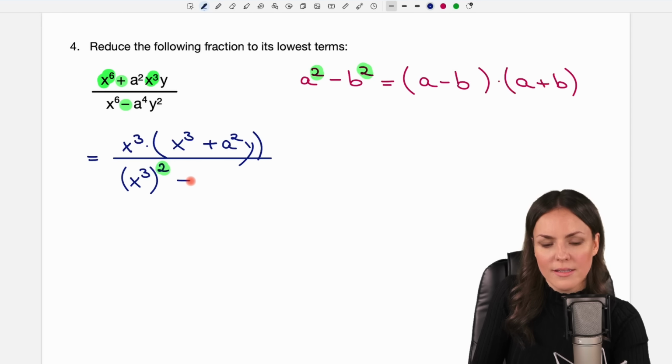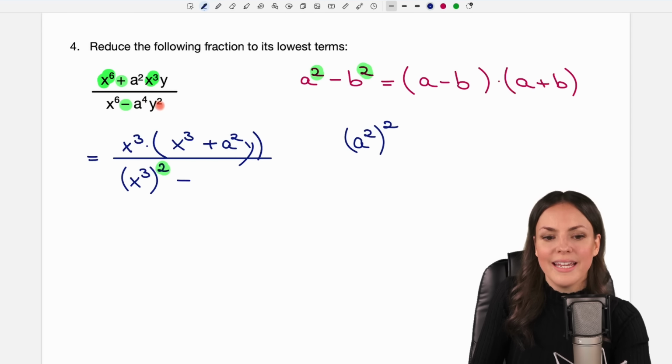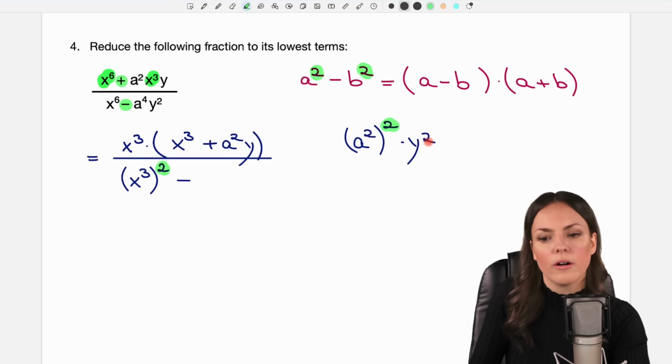Then I have the minus, and I want to do the same with this part. So a to the power of 4, I can write it as a squared and then square it again. So I have 2 times 2 equals 4. And then I have my y squared. So I have this squared part and this squared part, but I only want to have one squared.